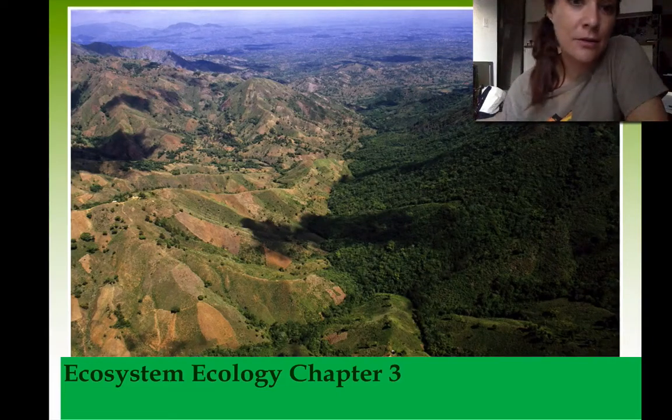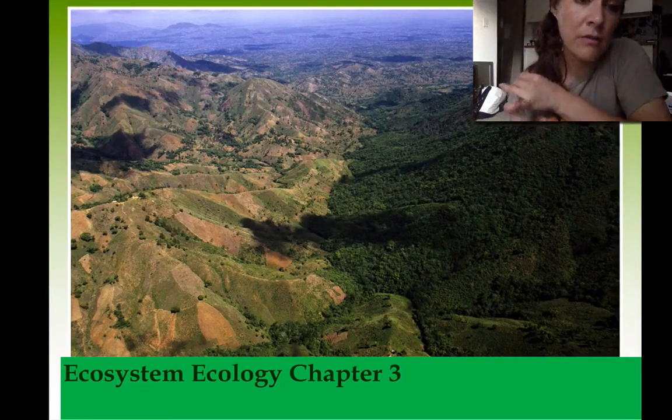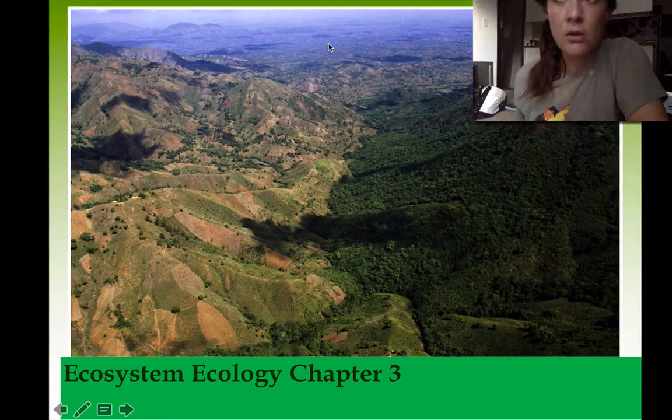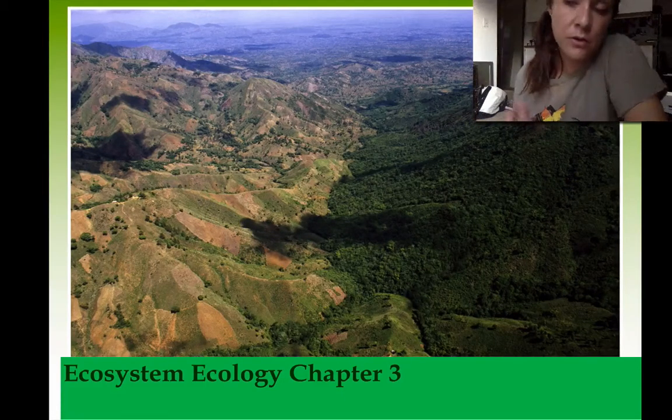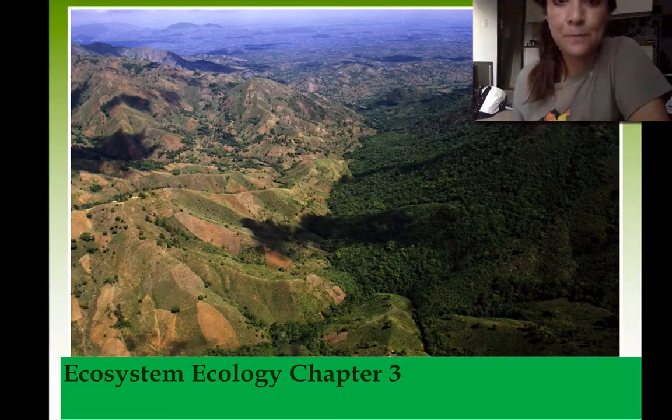insidious nuances to the story. It has a lot to do with the corruption of the government, because the Haitian government actually sold a lot of this forest to other countries and pocketed the money for their own personal gain.